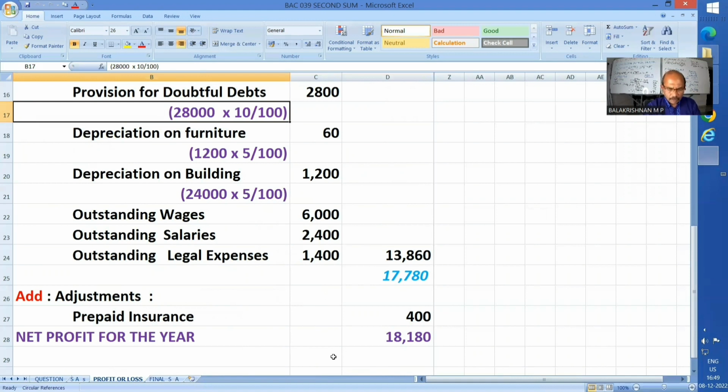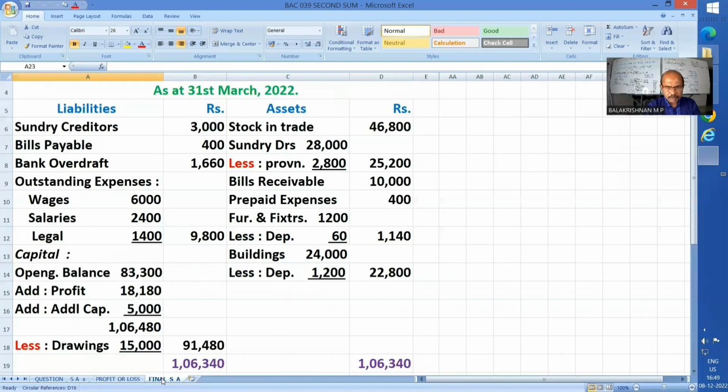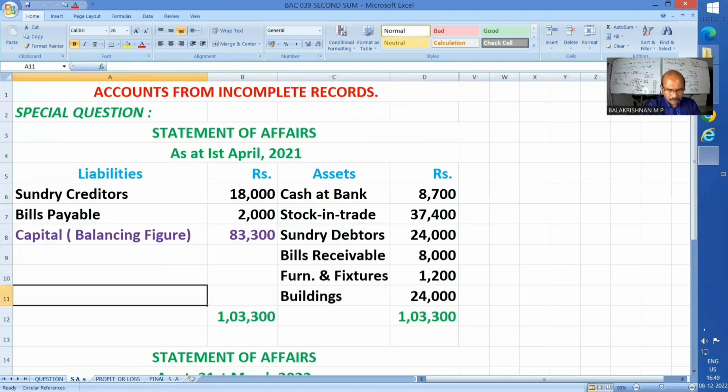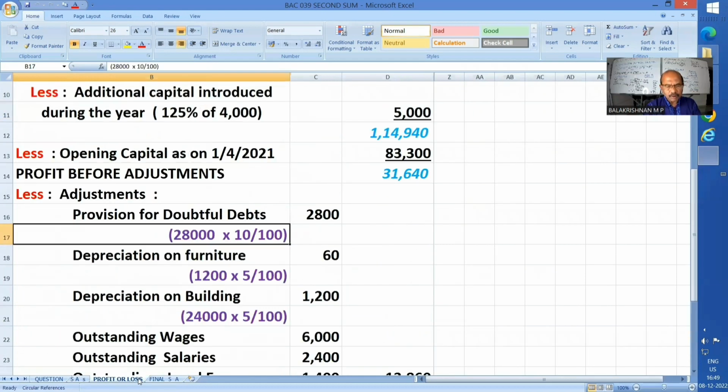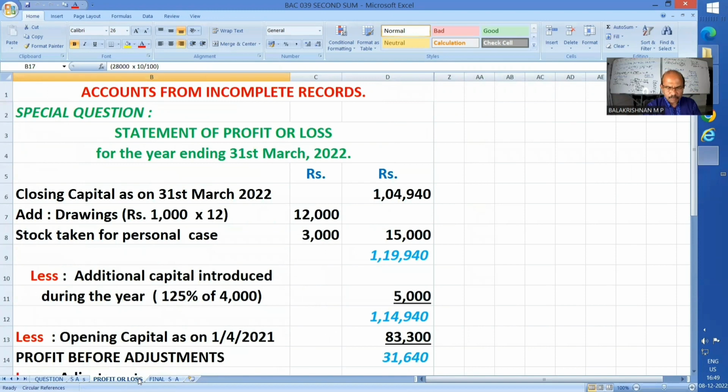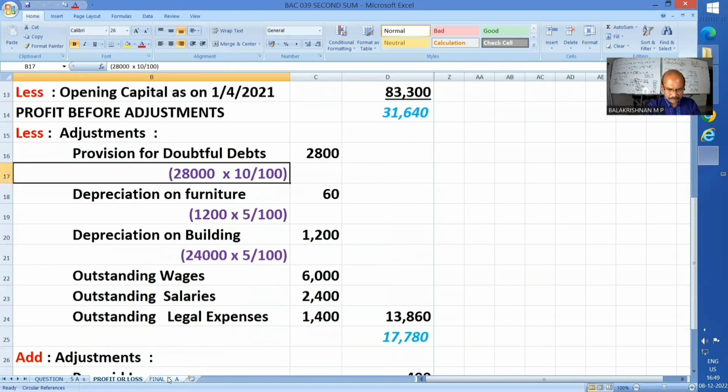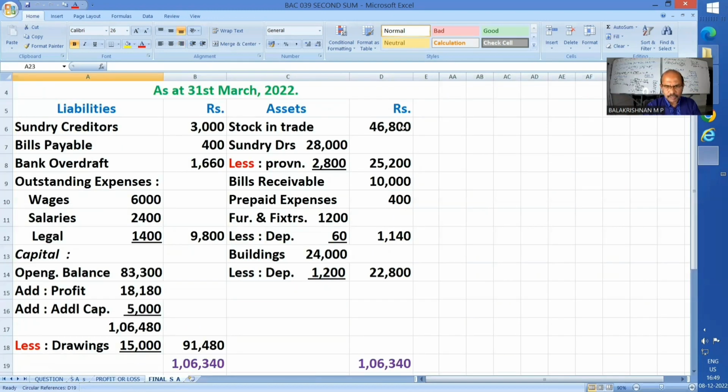Now let us prepare the final statement of affairs. In preparing the final statement of affairs, as I told you in my last episode, based on the closing statement of affairs and also based on your statement of profit or loss, prepare it well. Stock in trade, no adjustments.